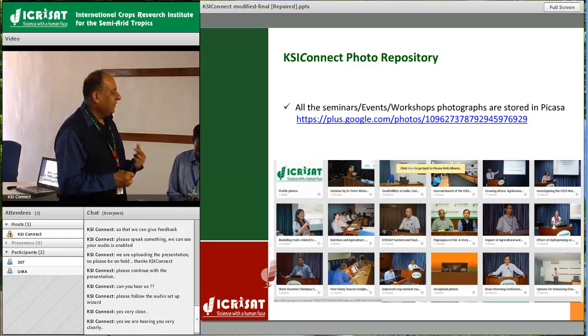If you look at WebEx or Adobe Connect or GoLive and all that, a lot of research goes into that. The platform is getting enhanced every now and then. They are in the market, they would like to capture the market.